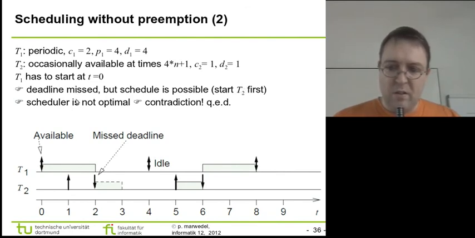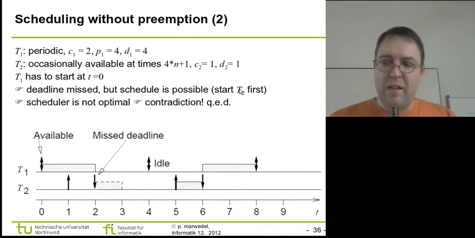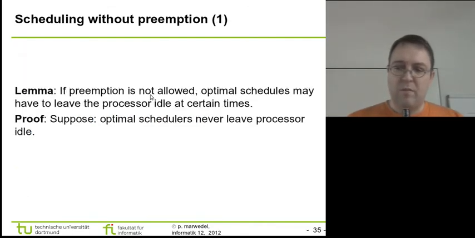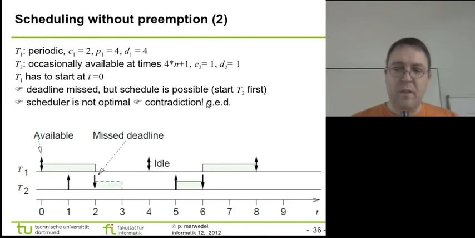So the schedule is not optimal. It leaves an empty slot here, the time between 4 and 5 in the processor, and thus we have a contradiction. So we proved that optimal schedules may have to leave the processor idle at certain times if we do not allow preemption here.